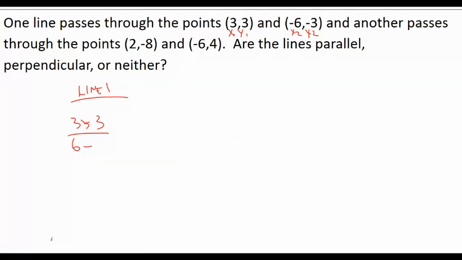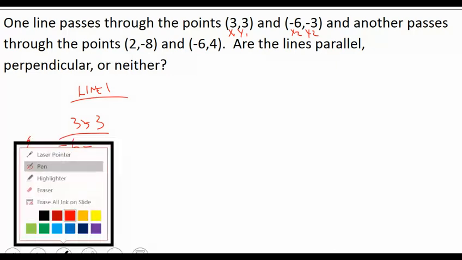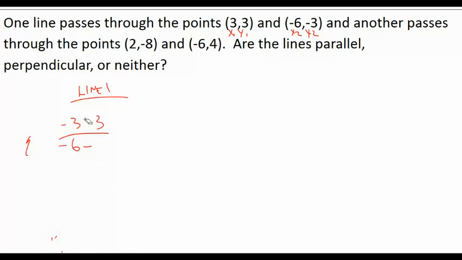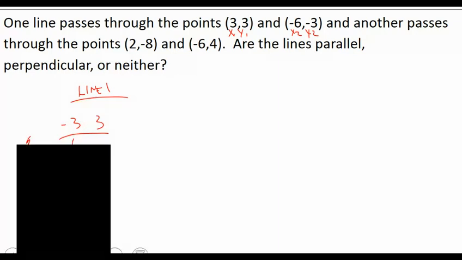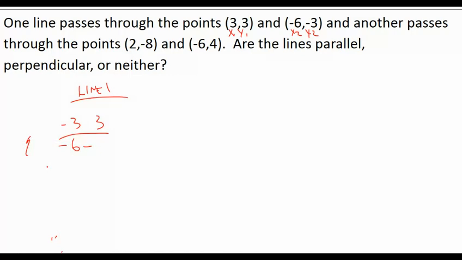The board got all messed up. Sorry, having some technical difficulties here. So it would have been negative 3 minus 3 and negative 6 minus 3. So that would be negative 6 over negative 9. The negatives cancel out and this simplifies and it becomes 2/3.